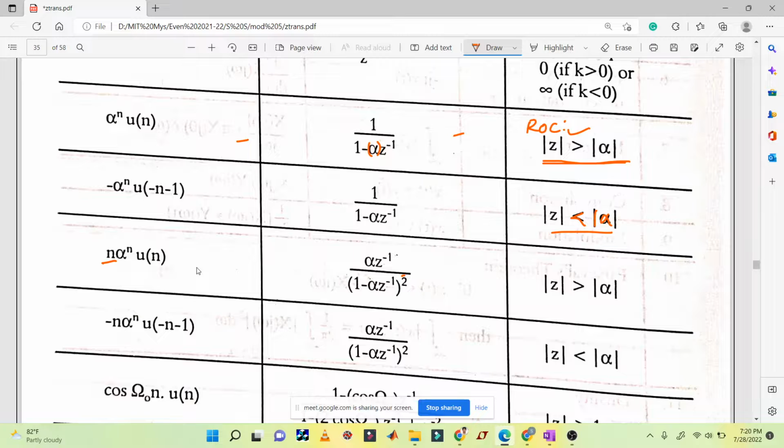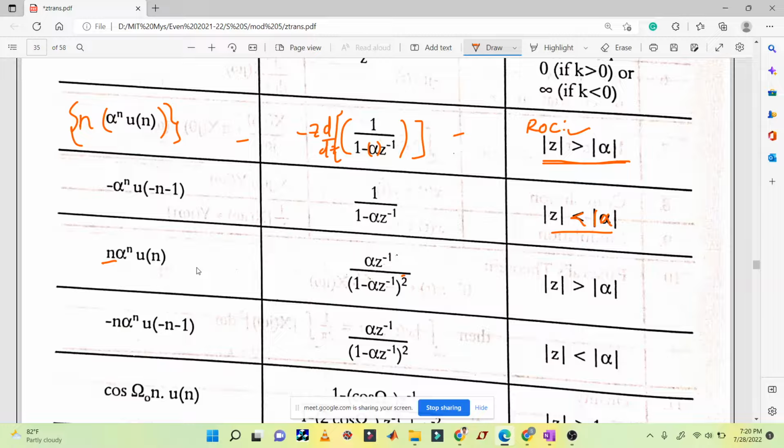Multiplication by n is differentiation. That means this signal is already there. For this, if you multiply with n, in Z transform it is minus z d by dz. That is, if you differentiate x of z and multiply by minus z, that is the Z transform of the multiplication of n with alpha n u of n.